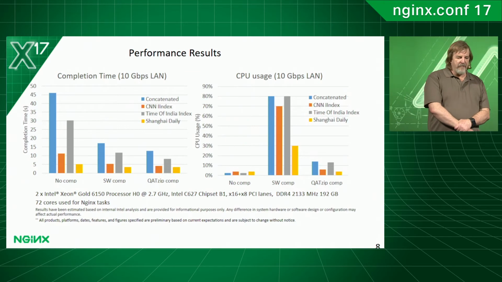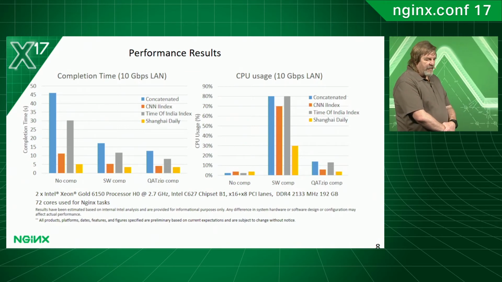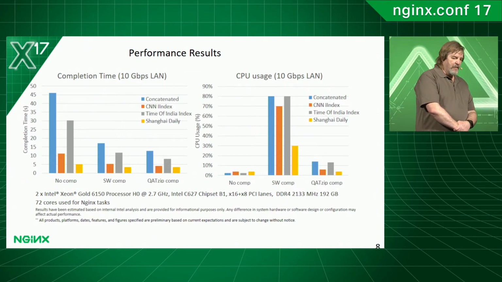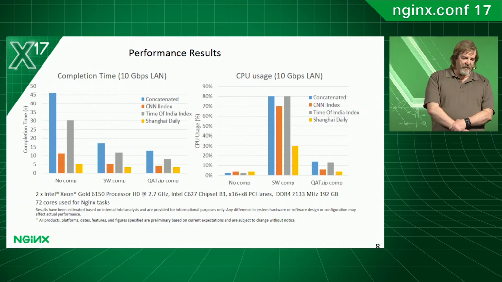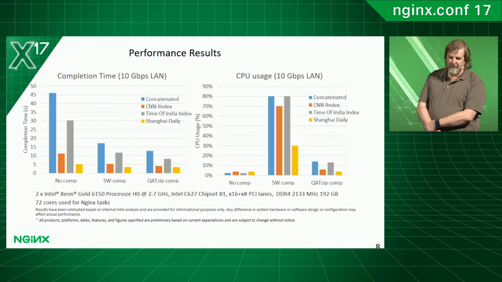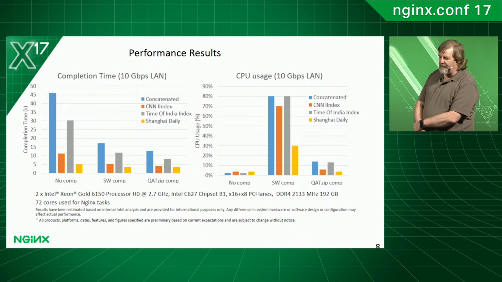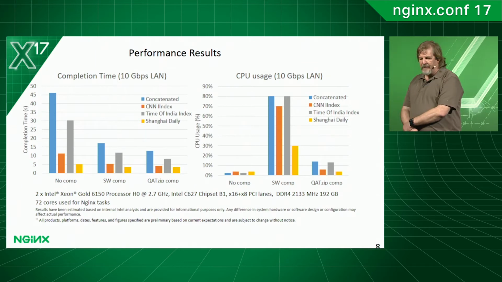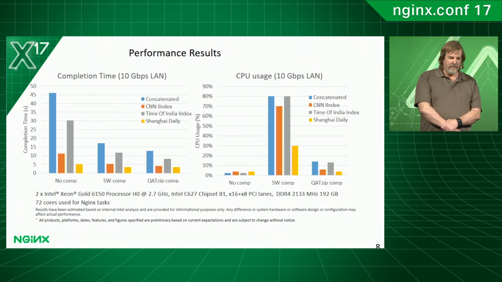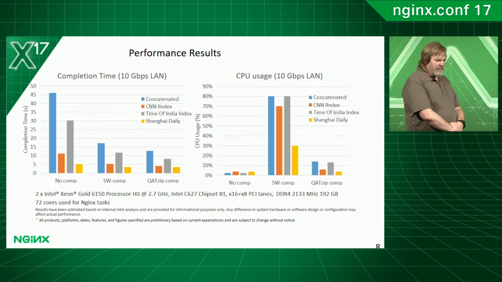This was a fairly beefy platform. It's a 72-core 6150 at 2.7 gigahertz, and it has a 10 gigabit LAN to the client side. The client side was similarly configured, but it has a little bit less memory, I think.